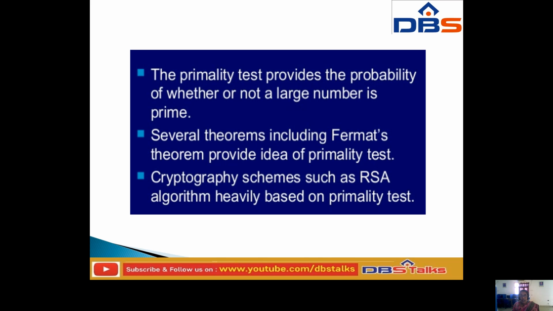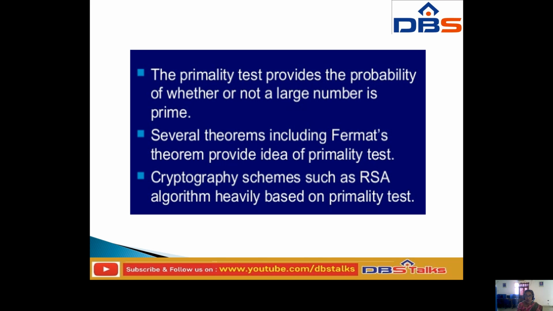But in a primality test, we go for the probability of whether a large number is a prime or not, and several theorems are included here. But in order to provide an idea, we have to go for the test called the primality test. Based upon this test, we can get an idea of how to give the probability for that particular large number.